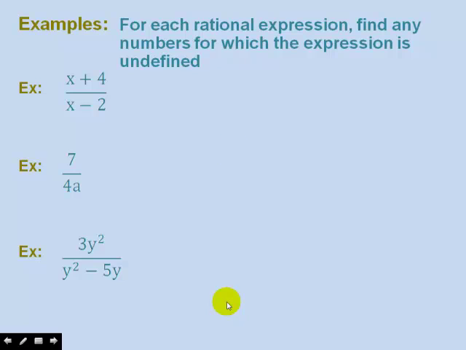So for each of these rational expressions, let's see if we can find the numbers for which the expression is undefined. So what we're looking for is where is the denominator equal to 0?